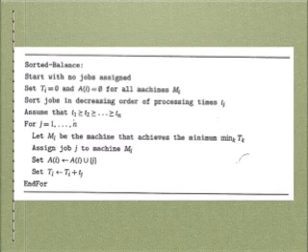Then we enter a for loop for j from 1 to n. Let M_i be the machine that achieves the minimum makespan currently, that is the min of T_k, where the minimum is taken over all k. Assign job j to machine M_i. Then we set A(i) equals A(i) union {j}, including job j in machine M_i. Then we set T_i equals T_i plus t_j. We increase the makespan of machine M_i.